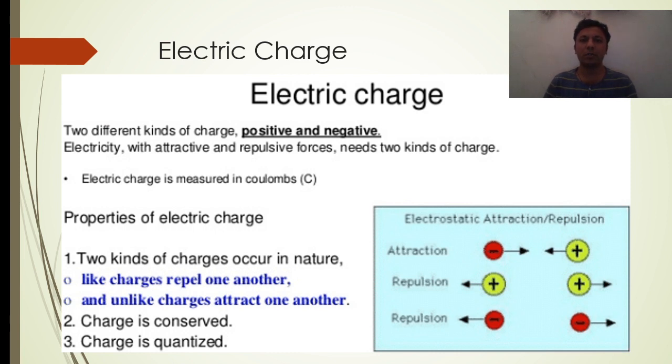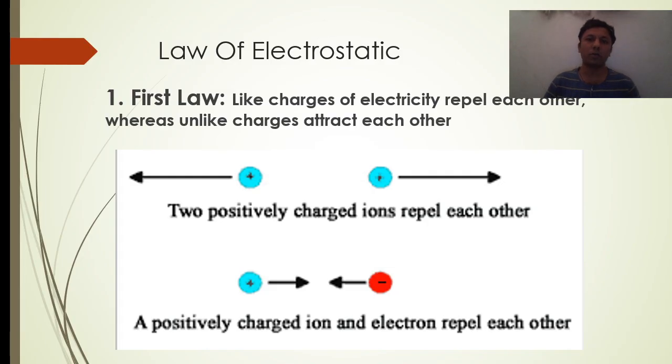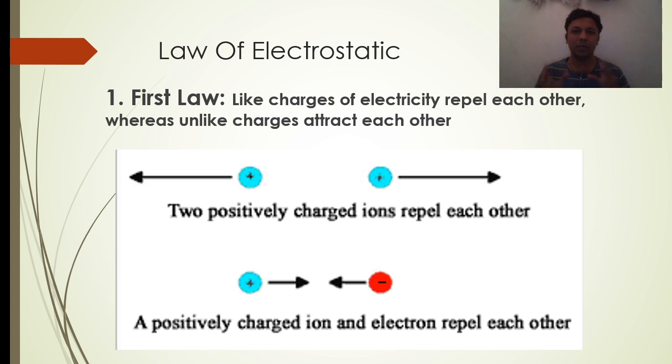The next topic is the laws of electrostatics. You know there are many kinds of laws on the electrical side. On the basis of these laws, we get an idea of how the particular charges act on each other.